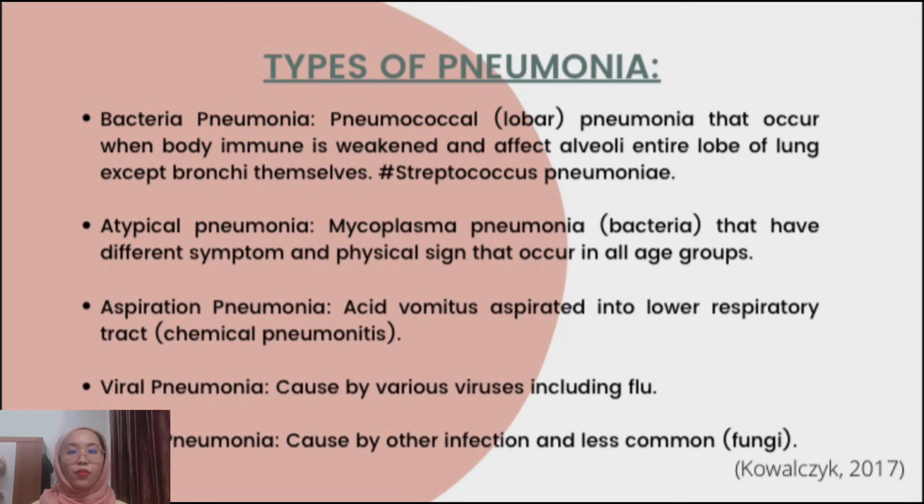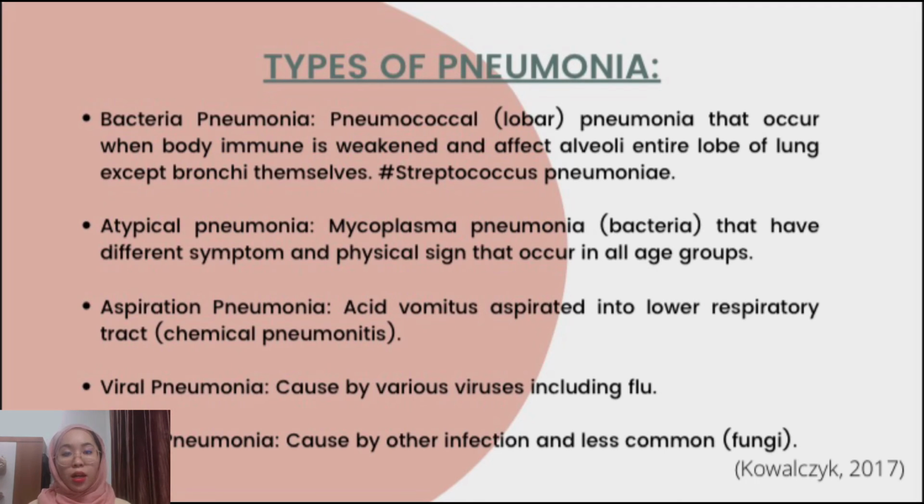The second type of pneumonia, atypical pneumonia, or mycoplasma pneumonia, is caused by bacteria, and it has different symptoms and physical signs that occur in all age groups. The third one is aspiration pneumonia.